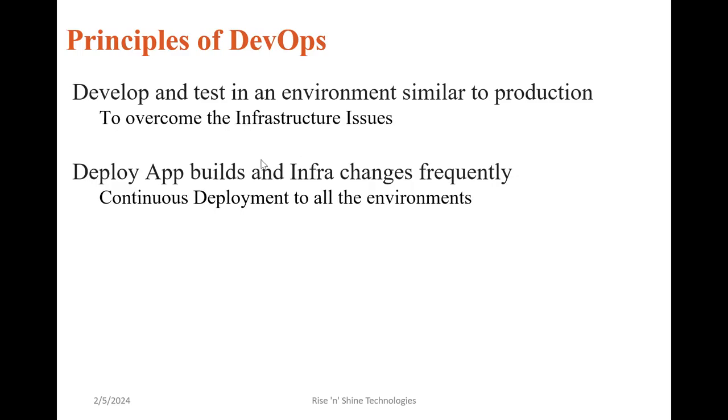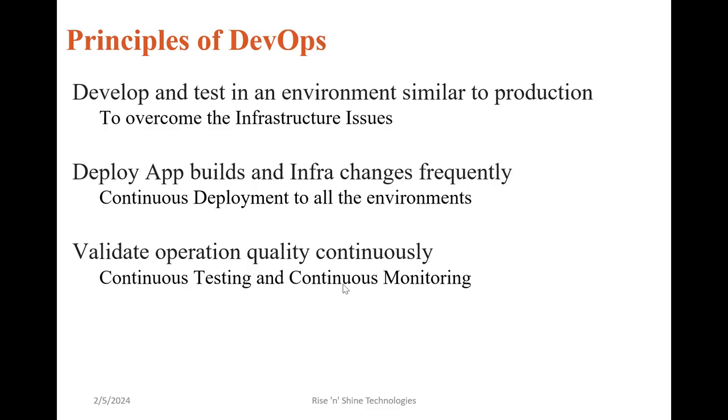That is one more challenge. And here, continuous deployment. That could be application-related changes or infra-related changes, development to testing, testing to UAT, UAT to production. That is continuous deployment or delivery. And validate operation quality continuously. That is continuous testing and continuous monitoring.